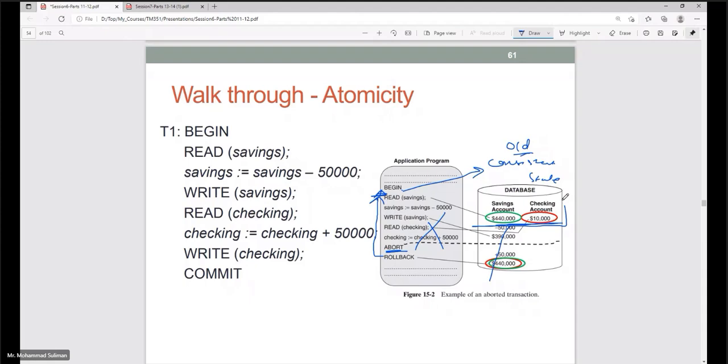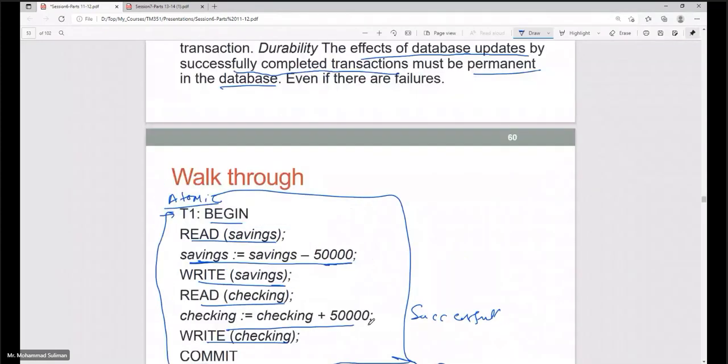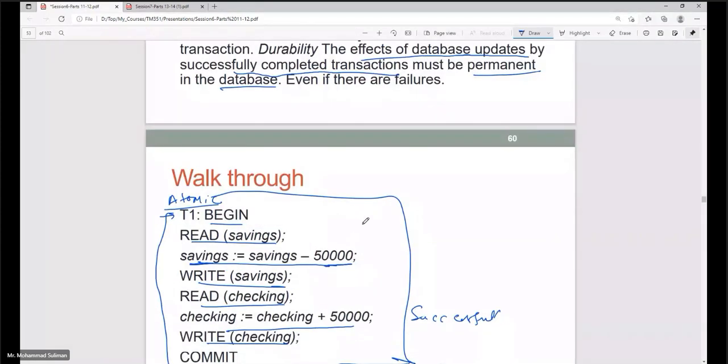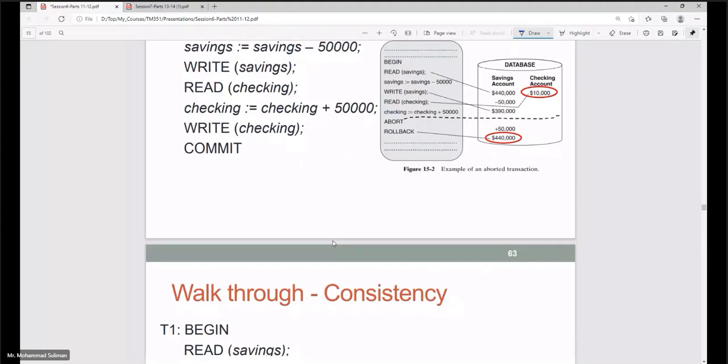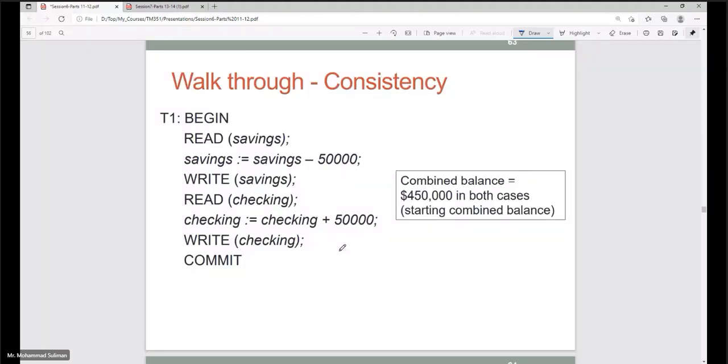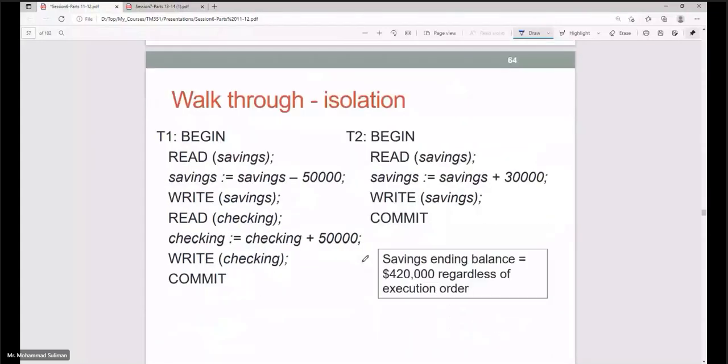So this will be considered as one transaction. This is also considered as one transaction. So the database will be in a consistent state. The database should work in isolation. Every transaction should work in isolation. It's not that every transaction will work together.